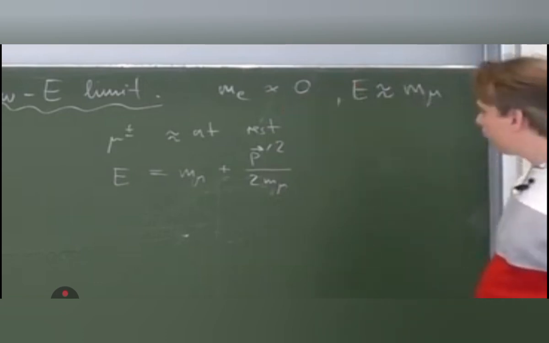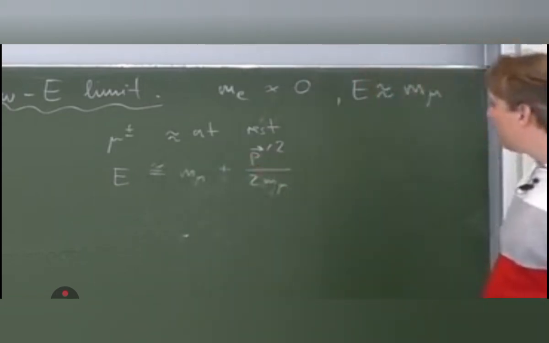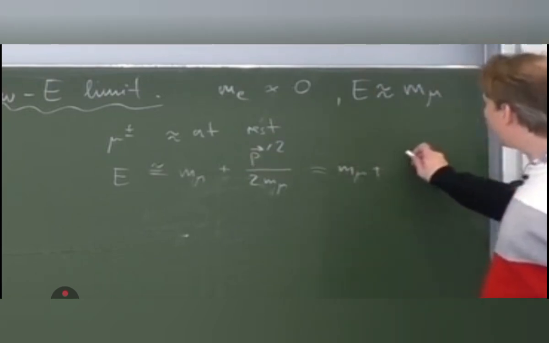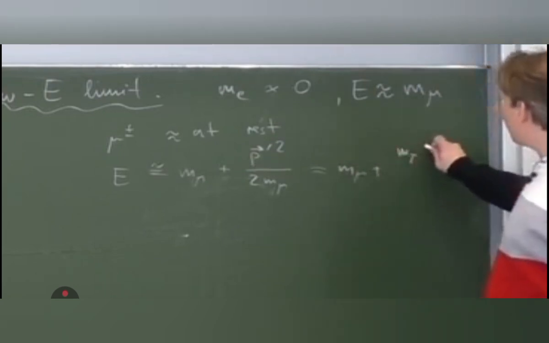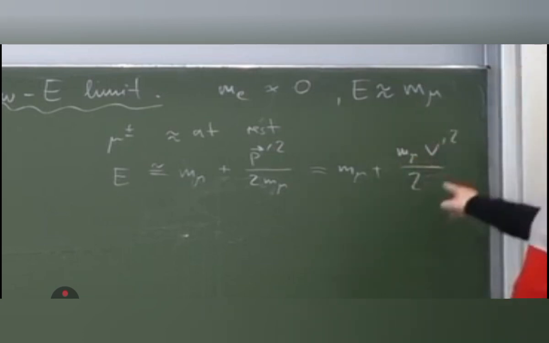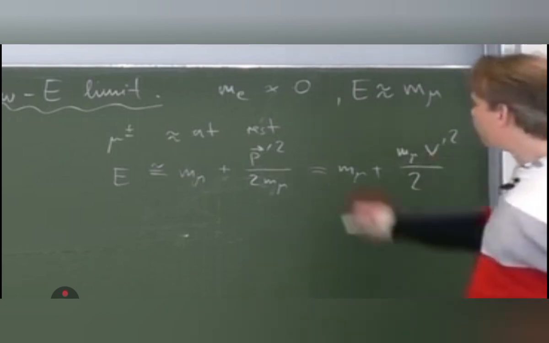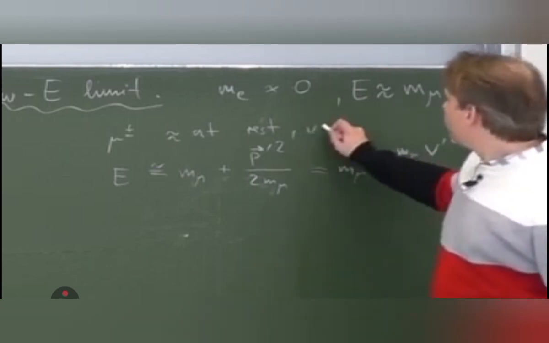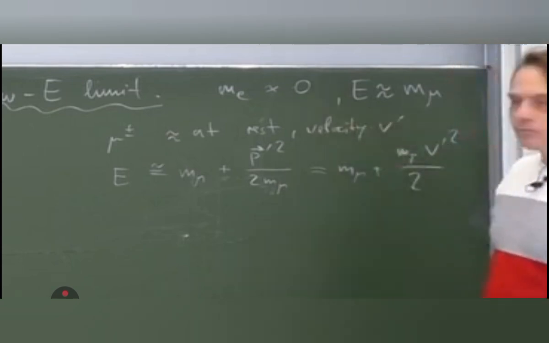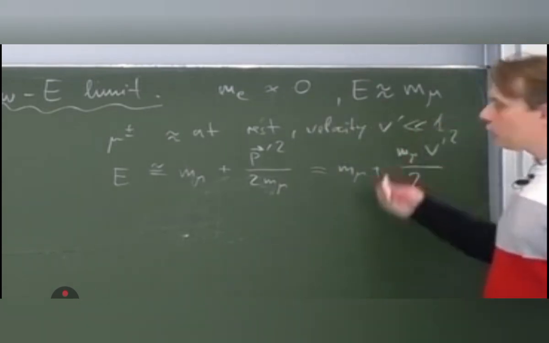And so there would be higher order terms which are neglected. And that is also the same as the simple thing, muon mass times the velocity squared divided by 2. And so I call now V prime the velocity of the muon, which is much smaller than 1, in other words, much smaller than the speed of light.